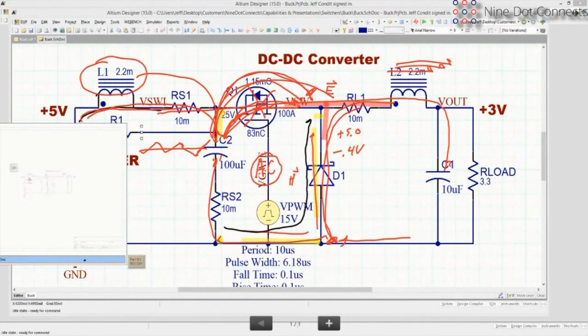What about back EMF generated by the load? Yes, the load itself, in this particular case, we only have a resistor. If we had an inductor in the load, we could also have some AC effects that would be reflected back. But in general, what this is saying is we have a constant current flowing.